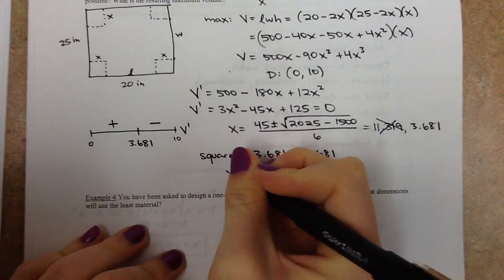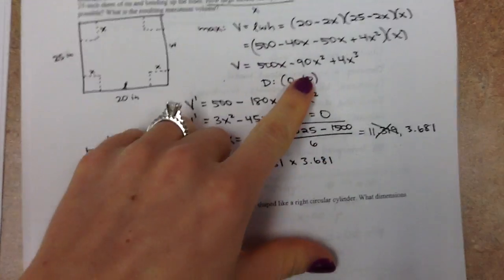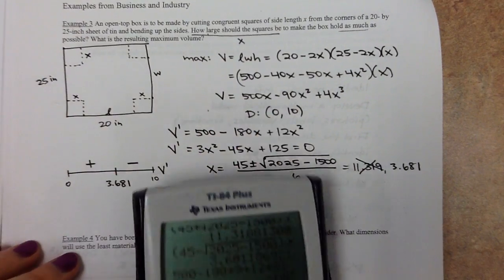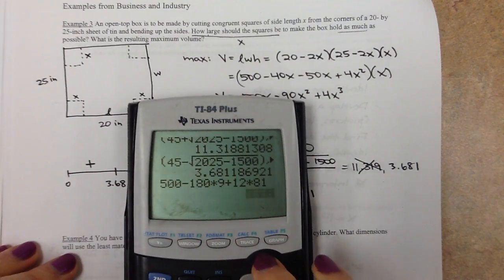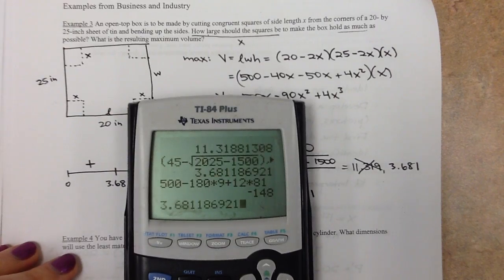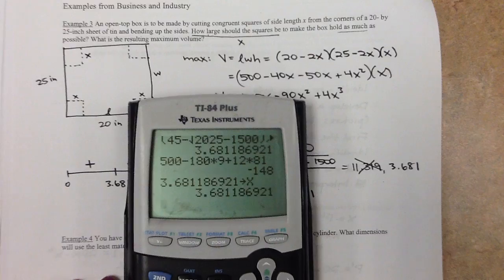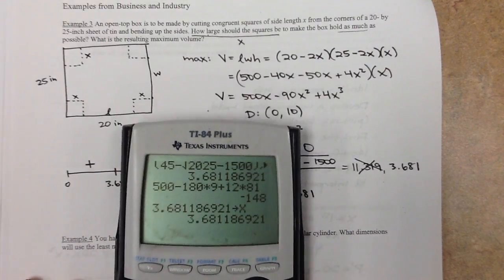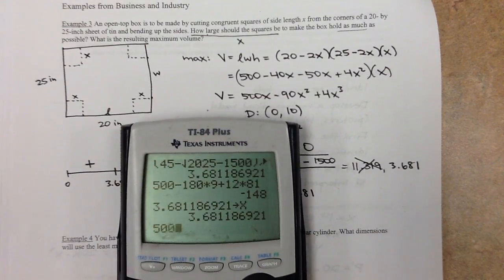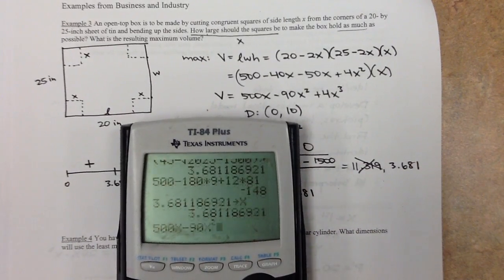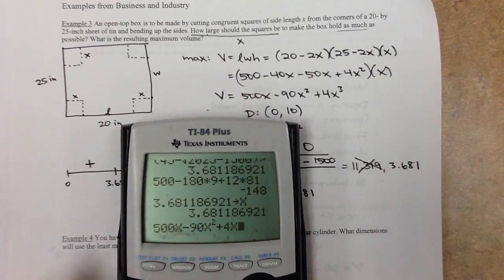And then the volume comes out to be, now I'm going to plug that into this volume formula right here. I'm going to store that in as x, so I get every digit possible. And so I plug in my volume formula. So 500 times x, and remember it uses that last value, minus 90x squared, and then plus 4x cubed.